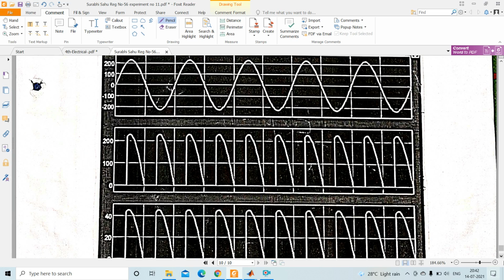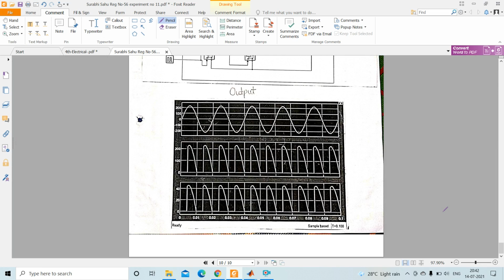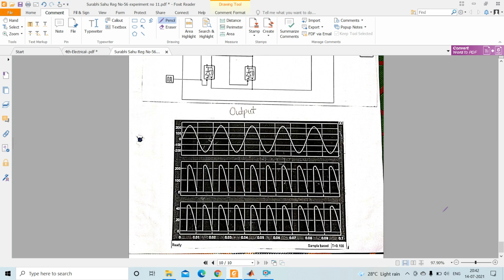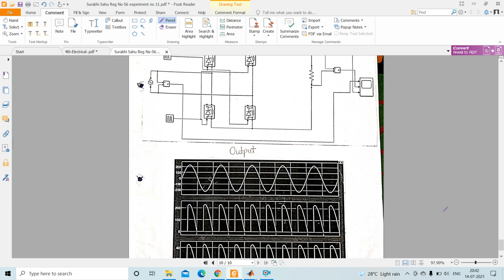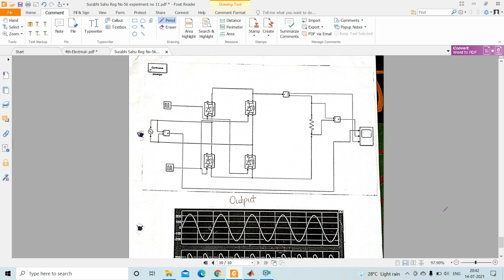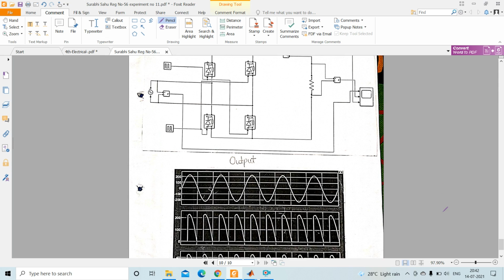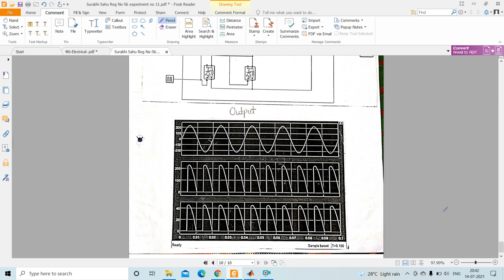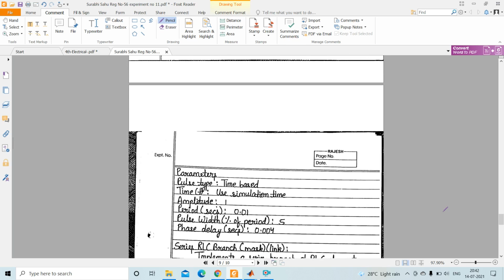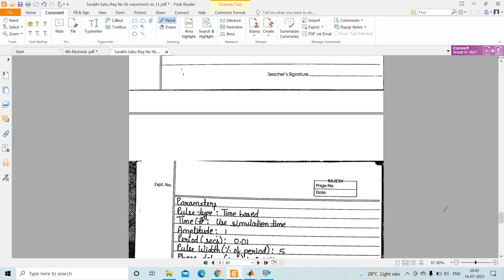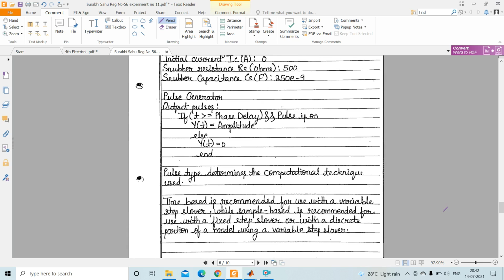Okay, so understood or not, just go through this paper and this video and understand the simulation. This is the simulation modeling diagram, and this is the output or result. Okay, so this is all about your single phase full wave controlled rectifier.